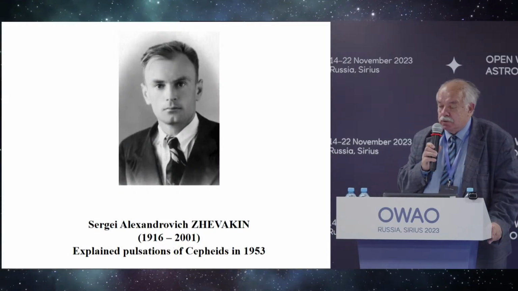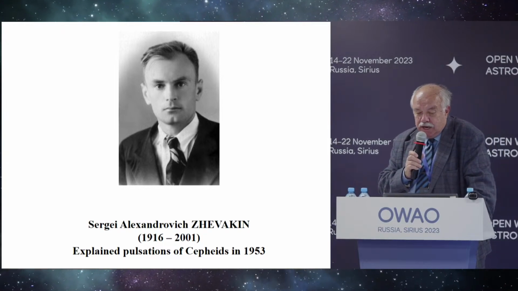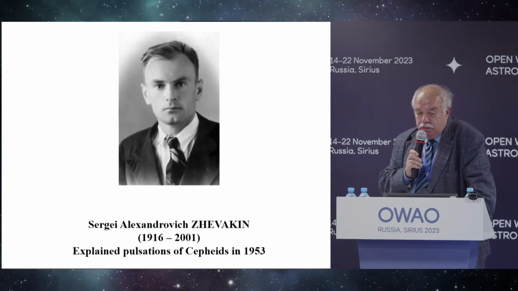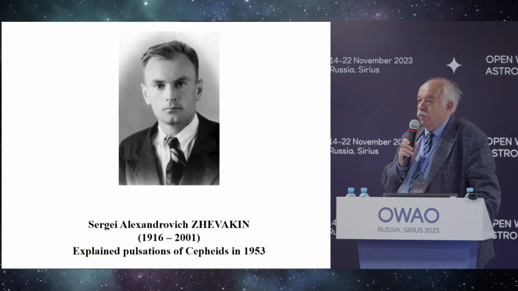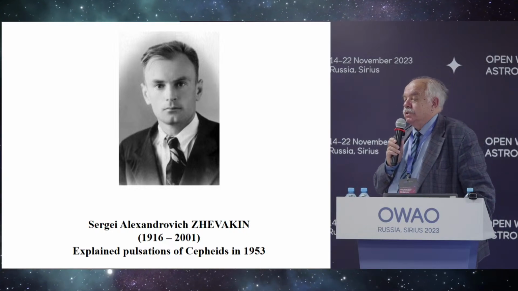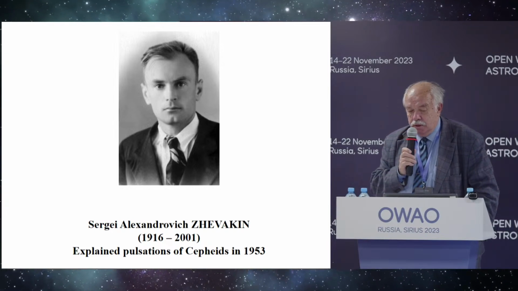And what's the reason for these variations? These stars are radial pulsators, and the physical mechanism for their pulsations was discovered in 1953 by a Soviet physicist, Sergei Zhevakin. This is more or less his only discovery in the field of astrophysics, but it is so important.